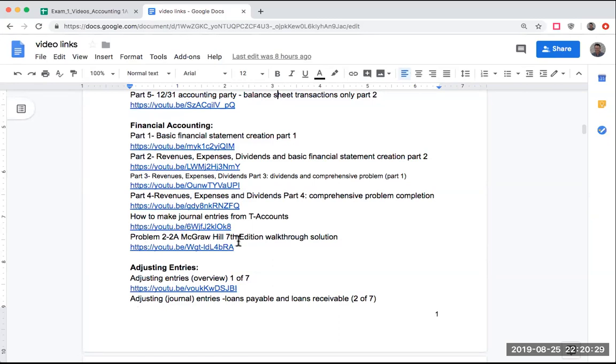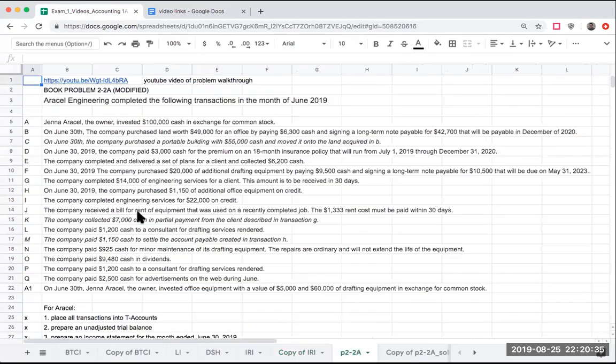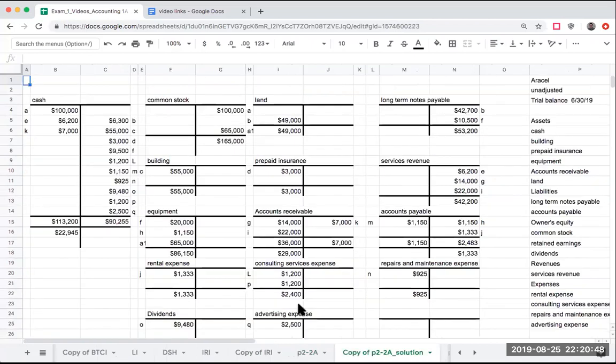The one other question I would recommend looking at is I added a video to this problem 2A. This is a question that I took from your book. I modified it with certain language, and then I did a video and a walkthrough of the solution. So this is another question that you can go through and practice with.